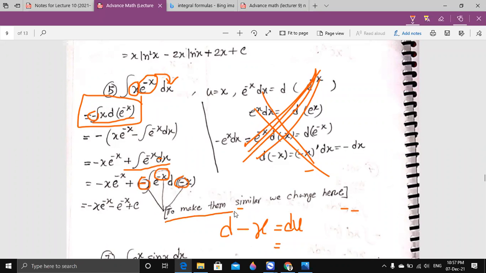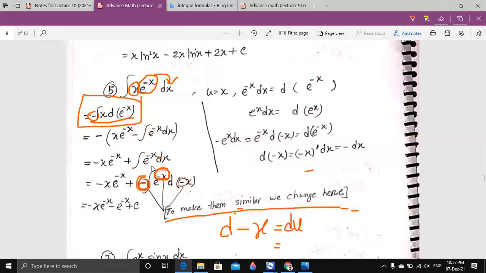To make these parts similar, we change here, and we change here. That means we have to make these three things similar. If we want to make a change inside the d, we also have to multiply a minus here.